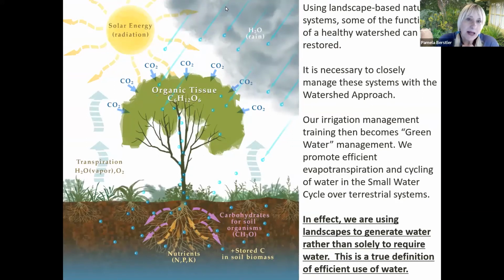So we need to be thinking about how we restore all these systems. Not only that, when we think about irrigation, instead of it just being, okay, we irrigate in order to optimally grow XYZ plant, what if we started thinking about it as, well, I'm managing the green water in this space, and I'm going to apply irrigation only after I know that whatever rainwater I've been able to collect in this green water zone has been depleted.